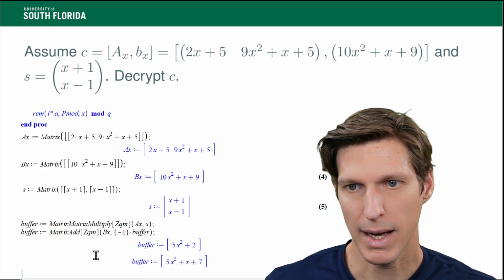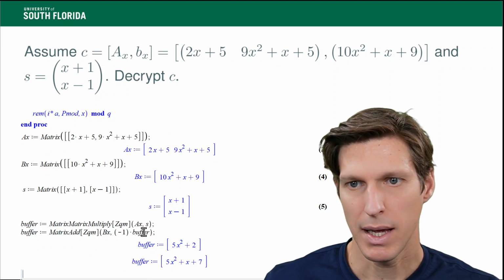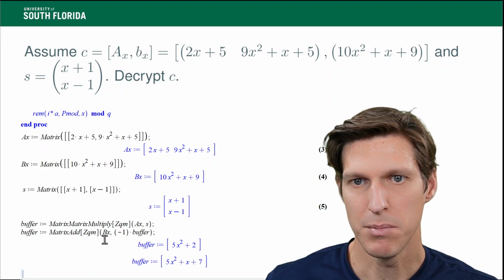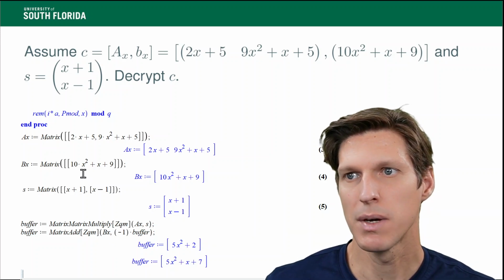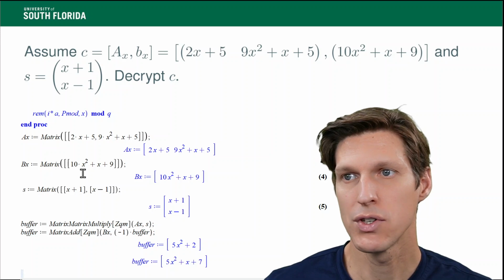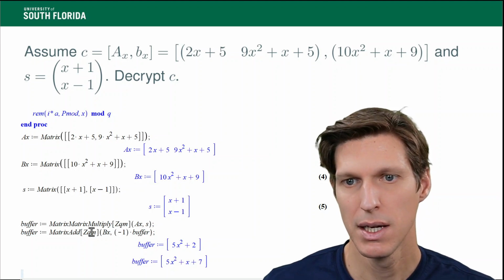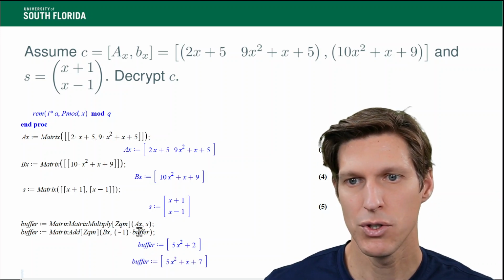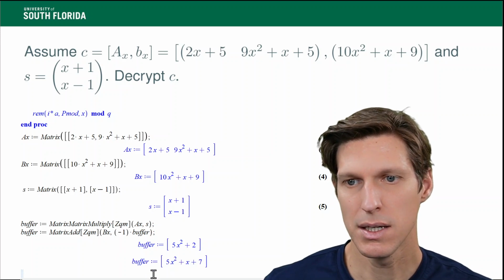So here's what happens. I multiply AX by S, and then I took my BX, which is given by 10x squared plus x plus 9, and I cancel that contribution in AX S, and here is what I get.